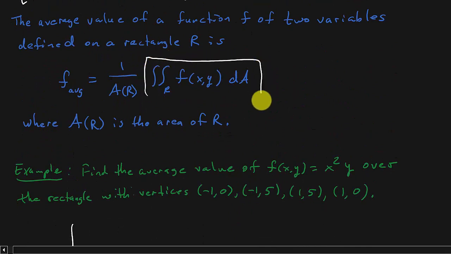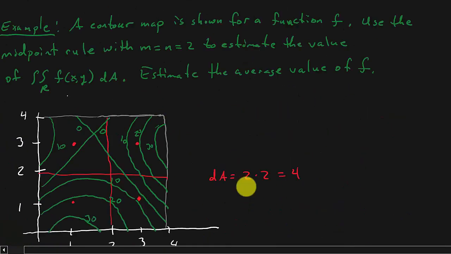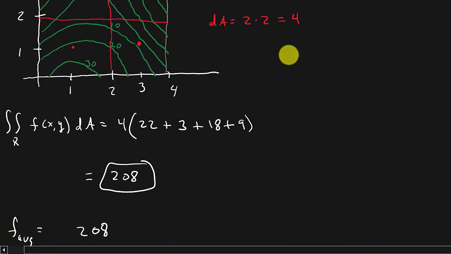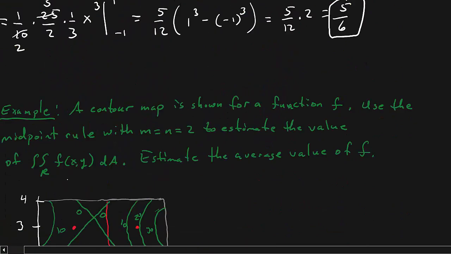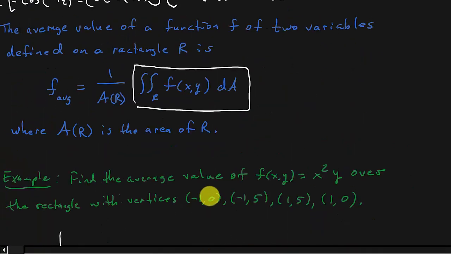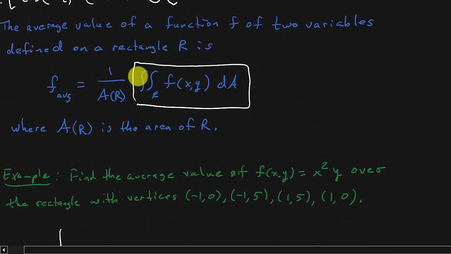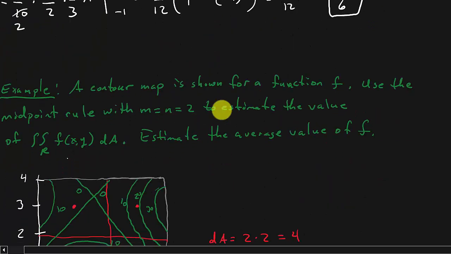Remember, this right here is what we just calculated, the 208. But then I've got to multiply that by 1 divided by the area of what? The area of R, the rectangle.